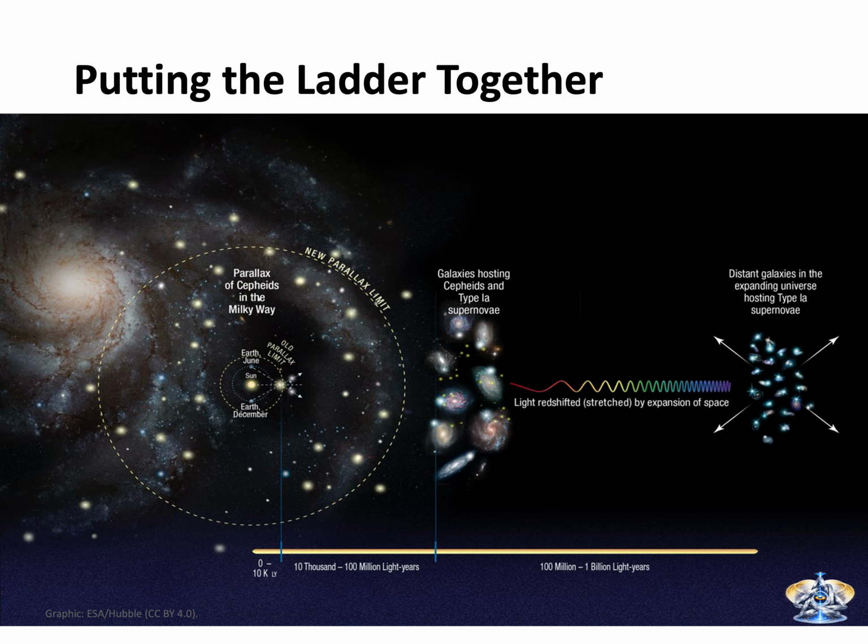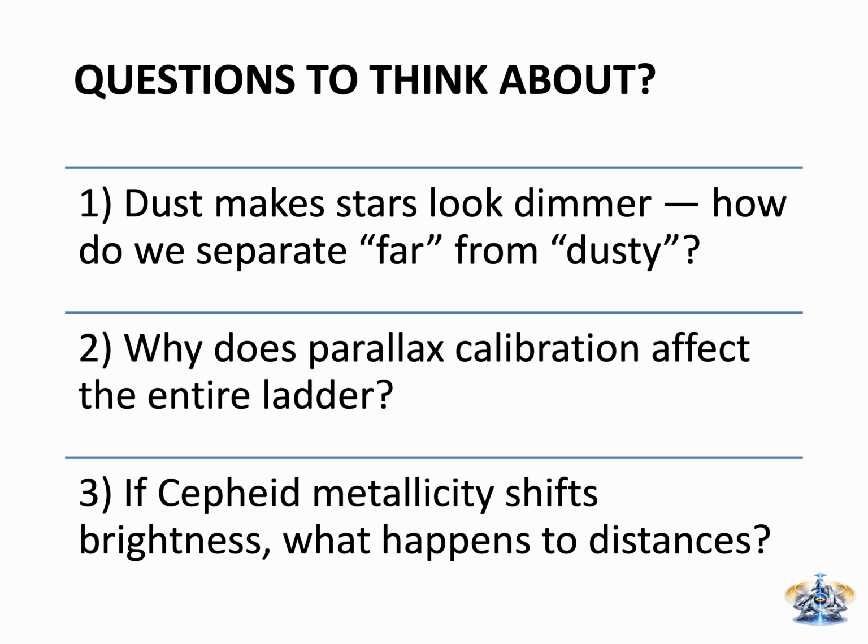Now let's ask the questions that take you from formula user to measurement thinker. These are the kinds of questions that open the door to real astronomy. If dust makes stars dimmer, how do we distinguish far away from dusty?